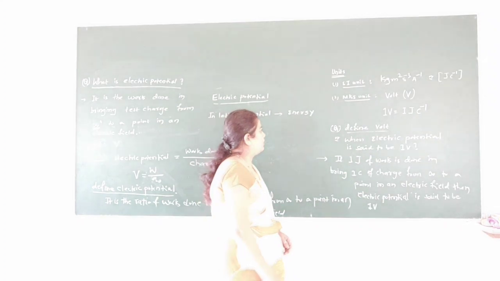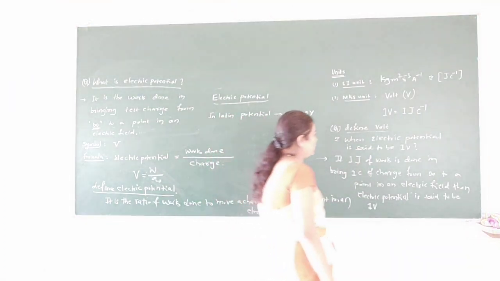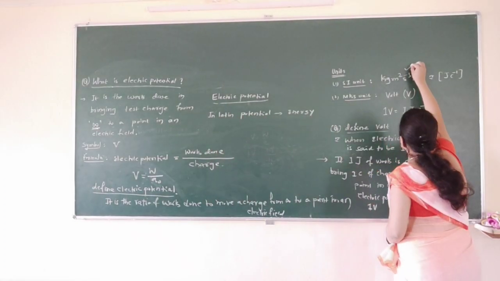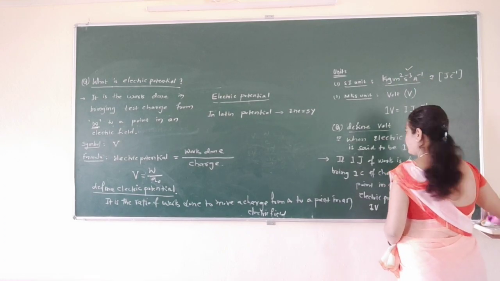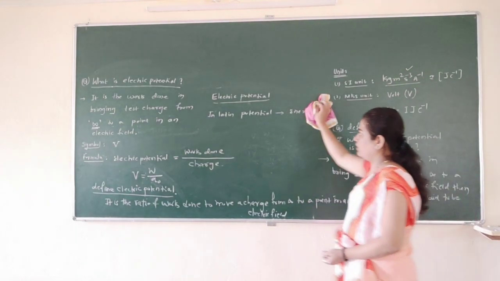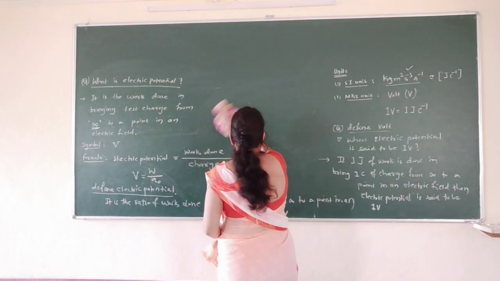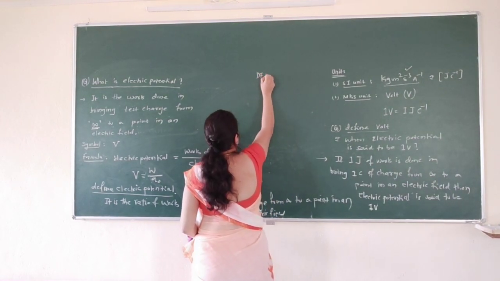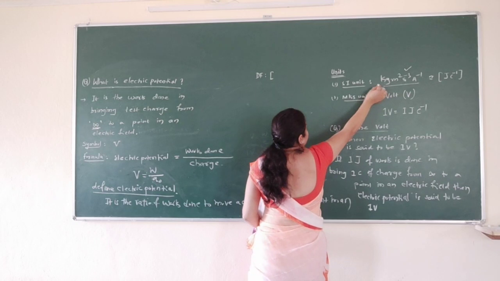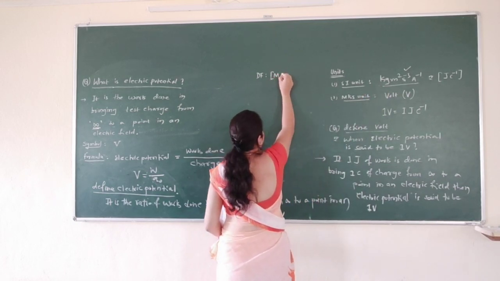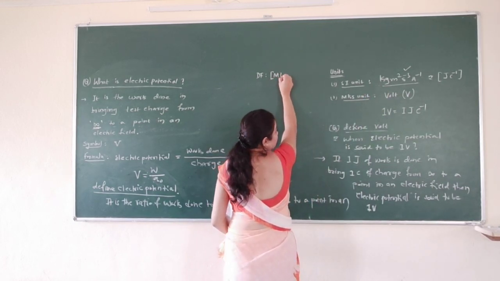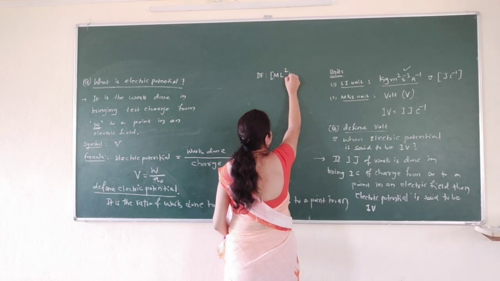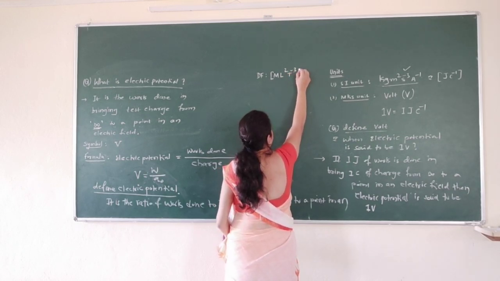Now this is about units. We will write the dimension formula, which is written in your essay. Dimension formula: kg means mass, meter means length, 2, second means time, -3, A stands for ampere current, -1.